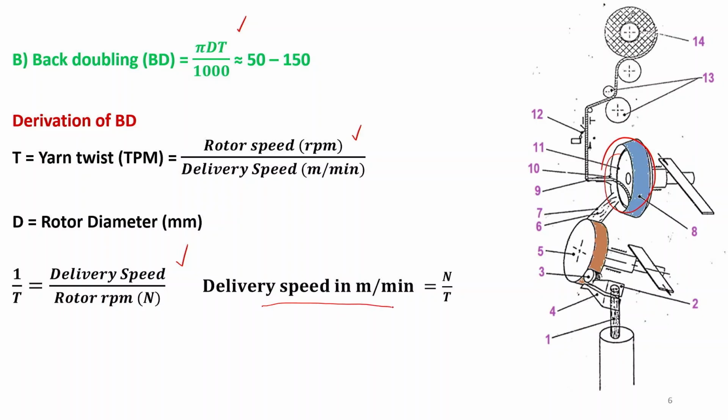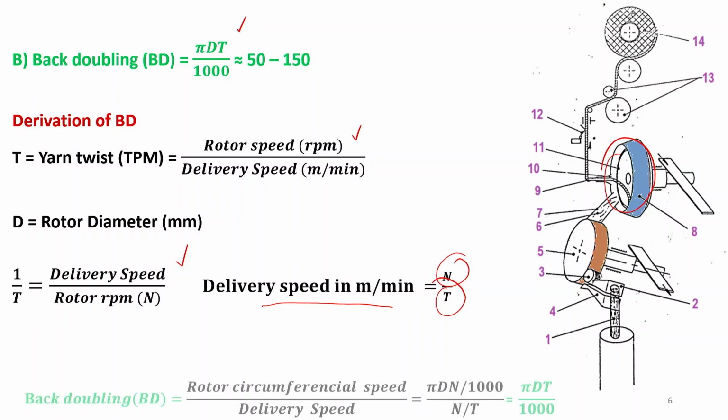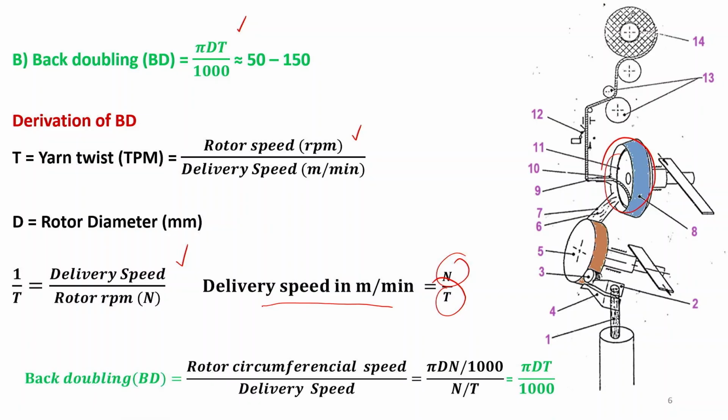So, delivery speed is equal to rotor RPM by twist per unit length, and back doubling is equal to rotor circumference speed by yarn delivery speed.